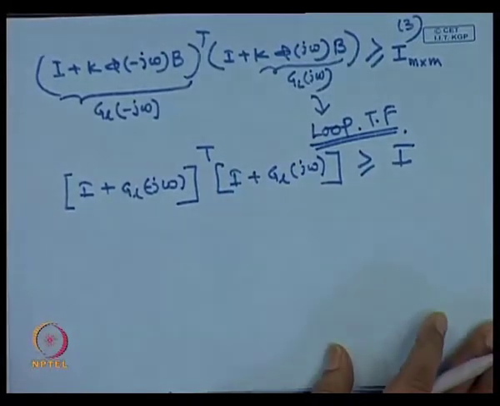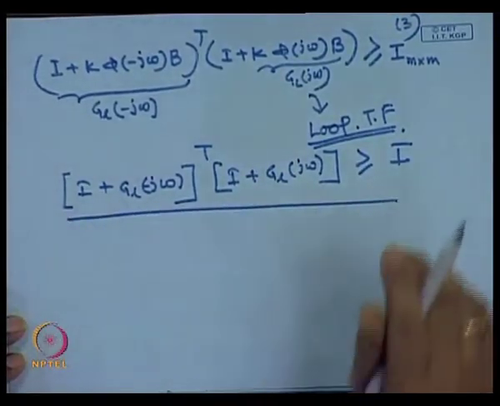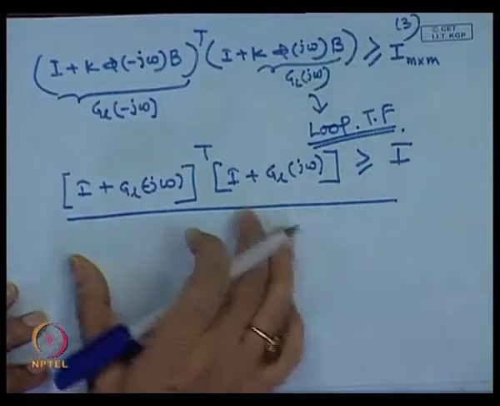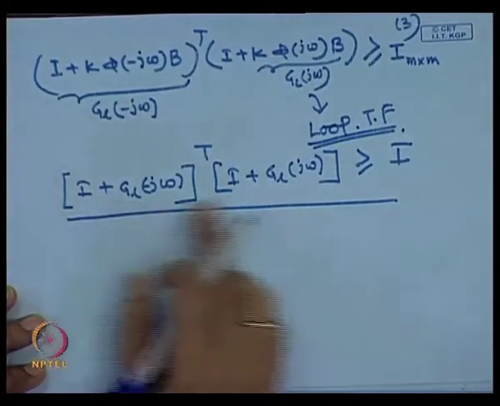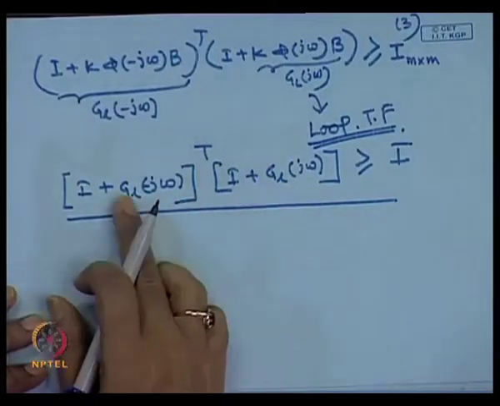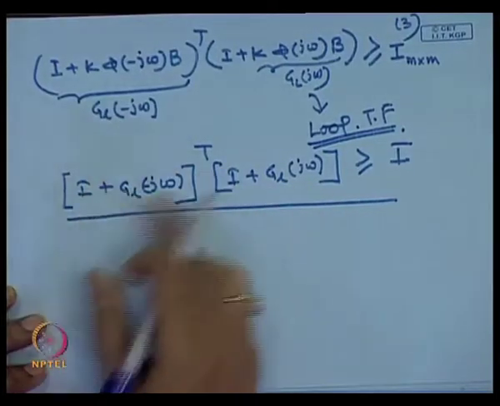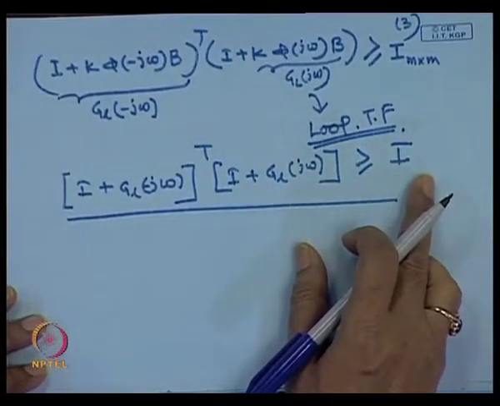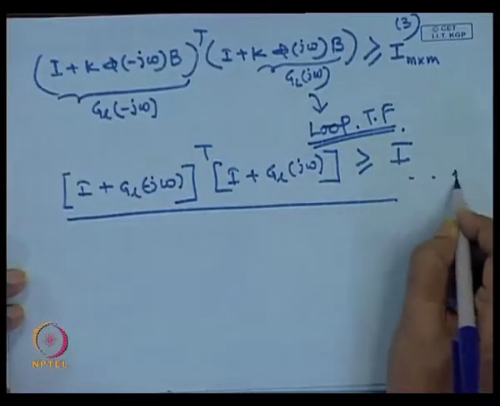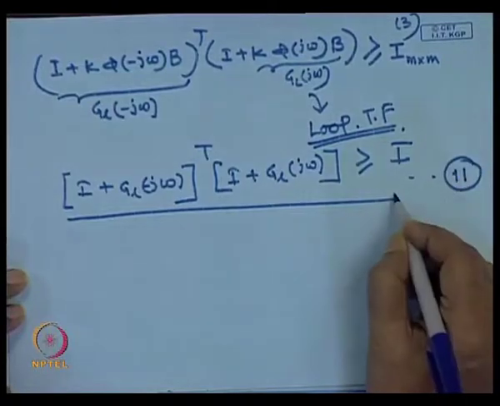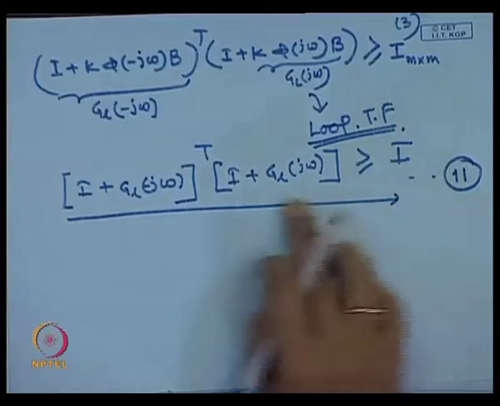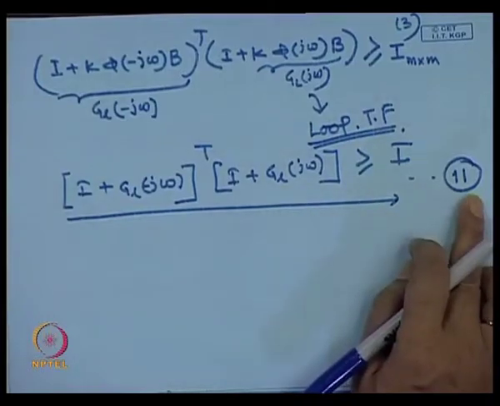This is the expression we got for the LQR system in the frequency domain: take 1 + G(s), multiply its conjugate transpose by it, and the result is always greater than or equal to 1. Let us call this the important equation, equation number 11. Its representation is very significant, and we will see it later.